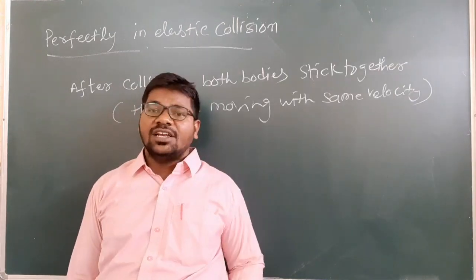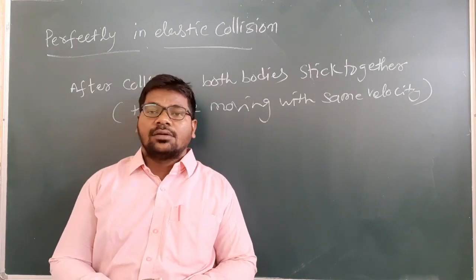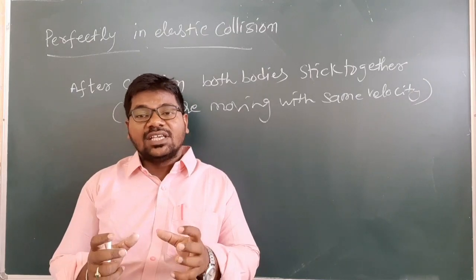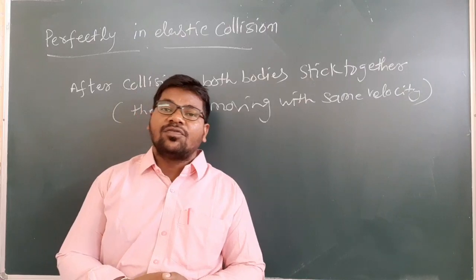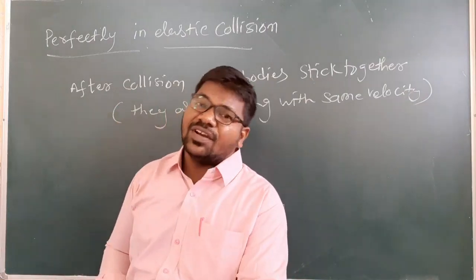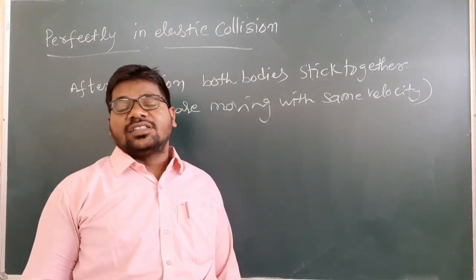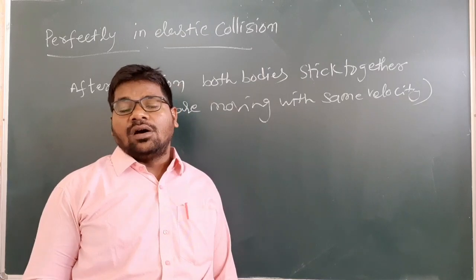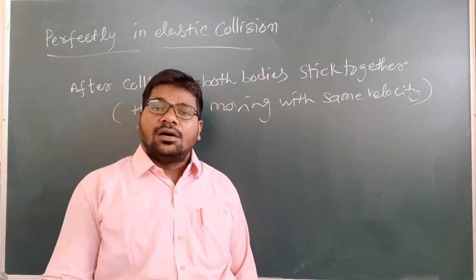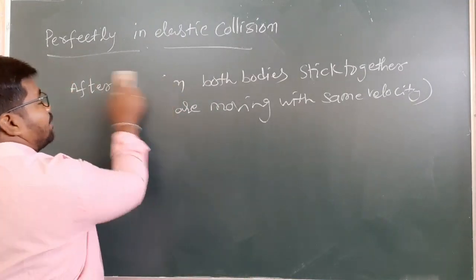According to the definition, if two bodies collide, after collision they move with the same velocity. This type of collision we call perfectly inelastic collision. In this situation, kinetic energy is lost, which is converted into heat energy, light energy and sound energy. Understand?